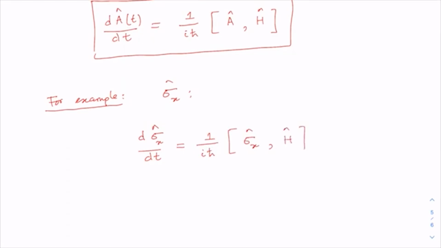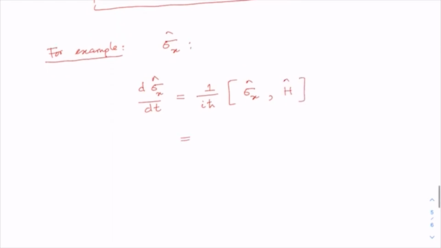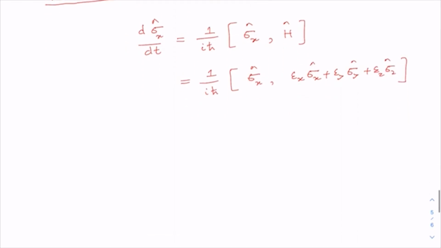Now this Hamiltonian, we know for the two level system, is equal to epsilon dot sigma, let me open it up: epsilon x sigma x plus epsilon y sigma y plus epsilon z sigma z. Okay, let us work it out.